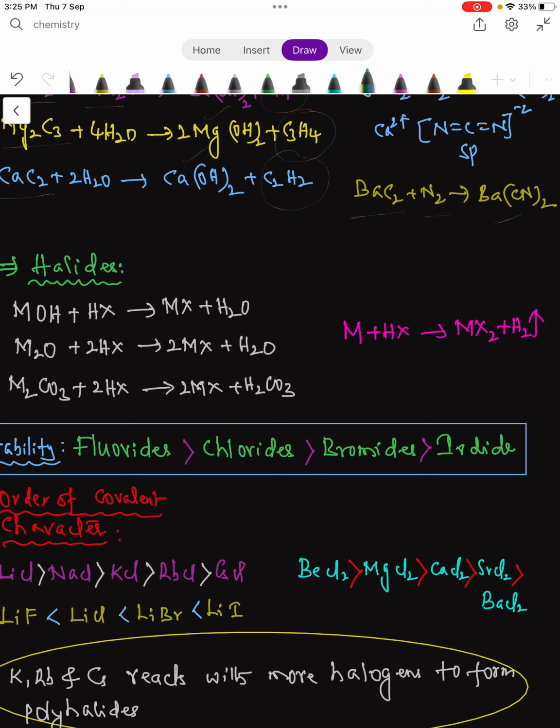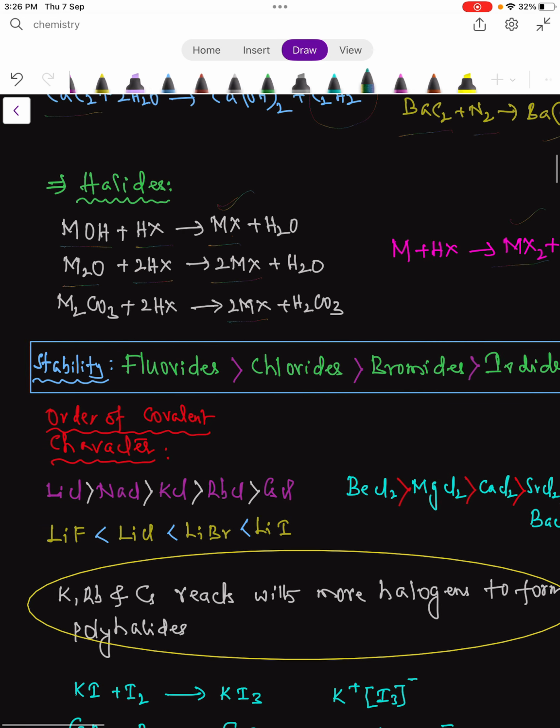So here metal hydroxide when it reacts with HX forms MX, of 1A group element or 2A group element, anything you can take. MX is there, so it is a 1A group element. In the case of 2A group elements, MX2 type of halides are formed, right? So here M2O when it reacts with 2 moles of HX gives 2MX. So like that, metal carbonate gives 2 moles of MX.